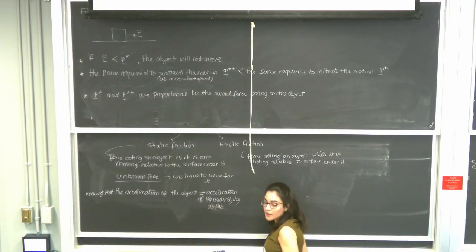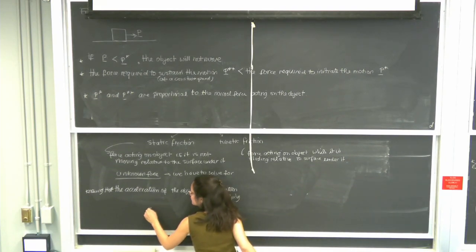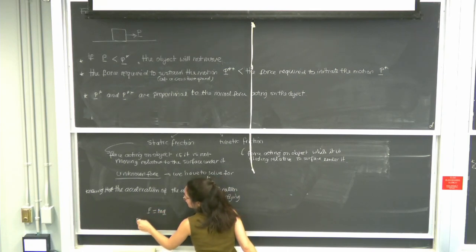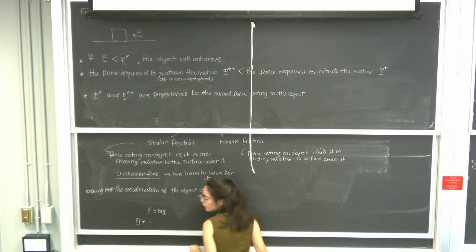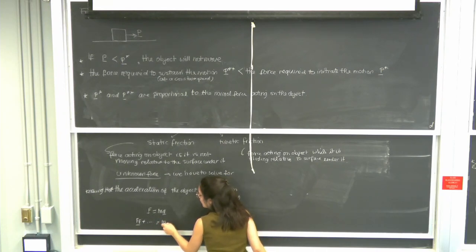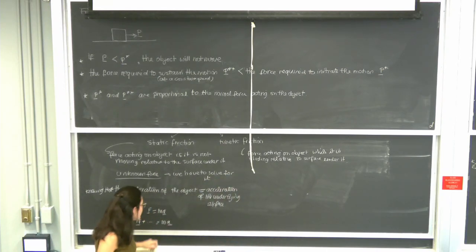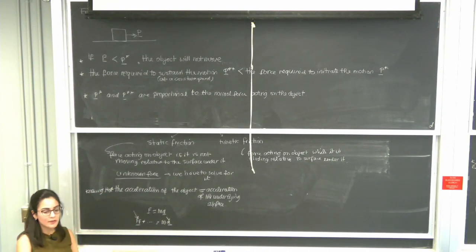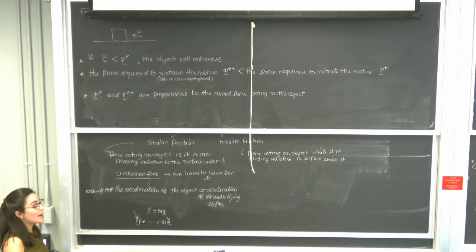Okay, so when I'm solving F equals ma, I have the friction and other forces equal to ma. The acceleration of the object is known, it's equal to the acceleration of the surface under it. The friction force is unknown, we can solve for it. Now, the friction force is an unknown, but it needs to satisfy one condition.